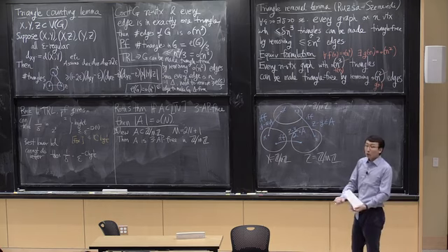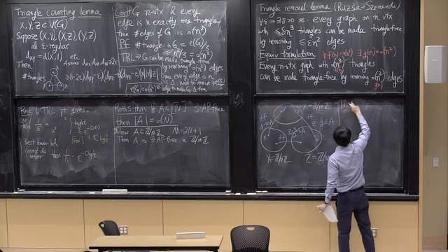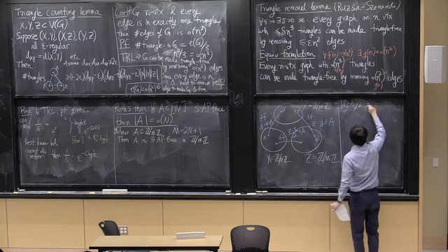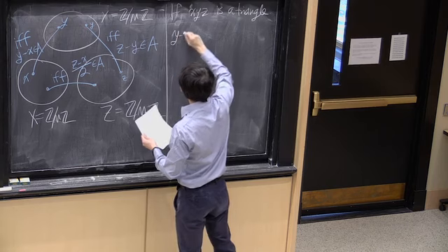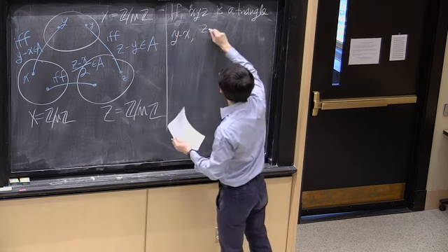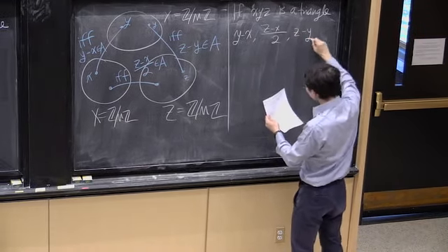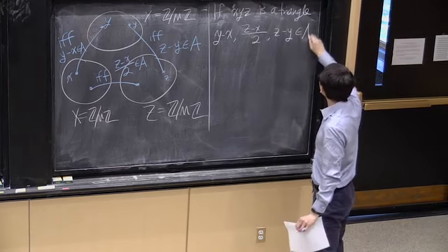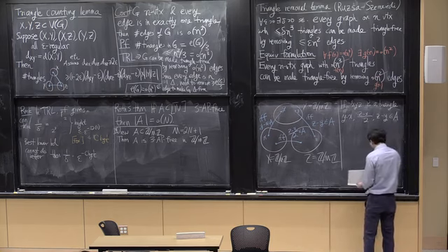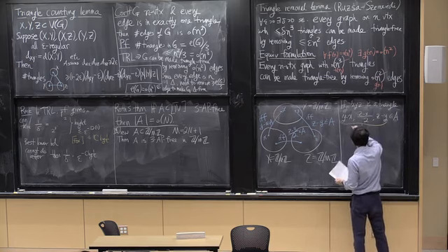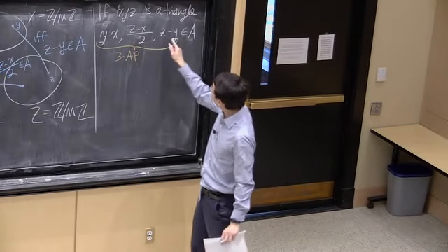And the question now is, what are the triangles in this graph? Right, so if the vertices x, y, z form a triangle, then these three numbers, because they're all edges in this graph, they all lie in A. But now notice that these three numbers form a three-term arithmetic progression, because the middle element is the average of the two others.